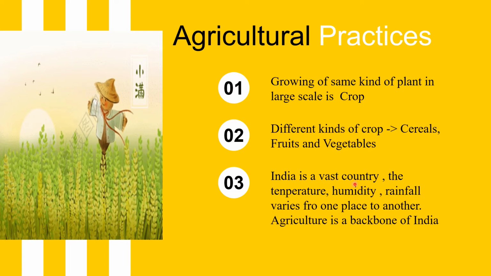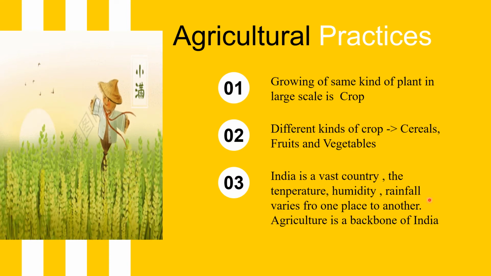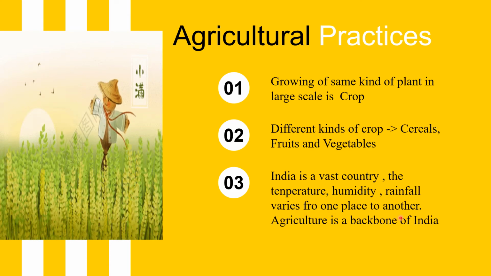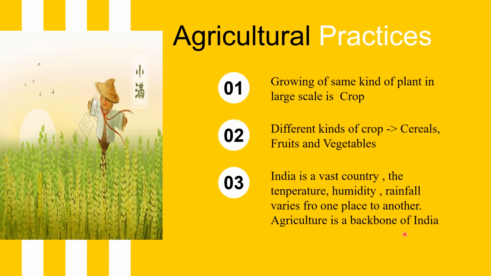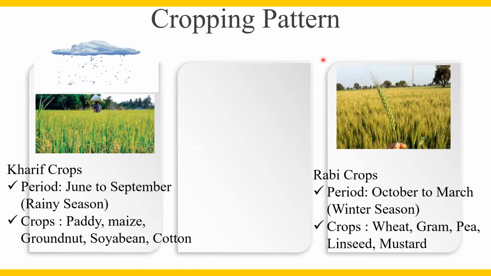That is, India is a big country where we have a different range of temperature, humidity level and rainfall level, so that the growth of crops also varies from one place to another. And always remember, agriculture is the backbone of India because the main occupation of India is agriculture.